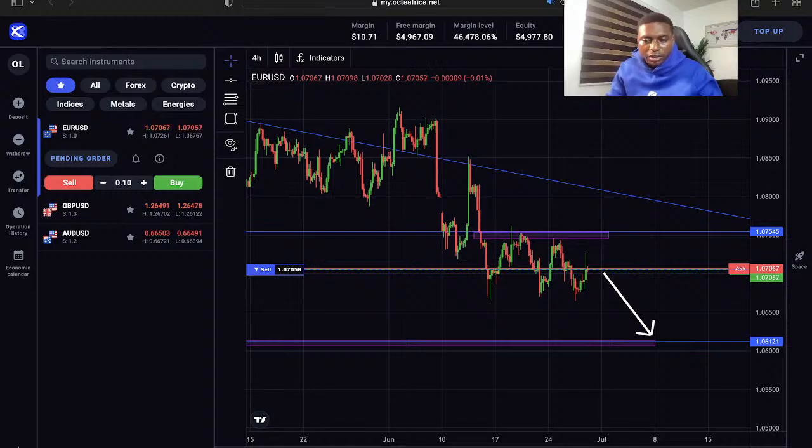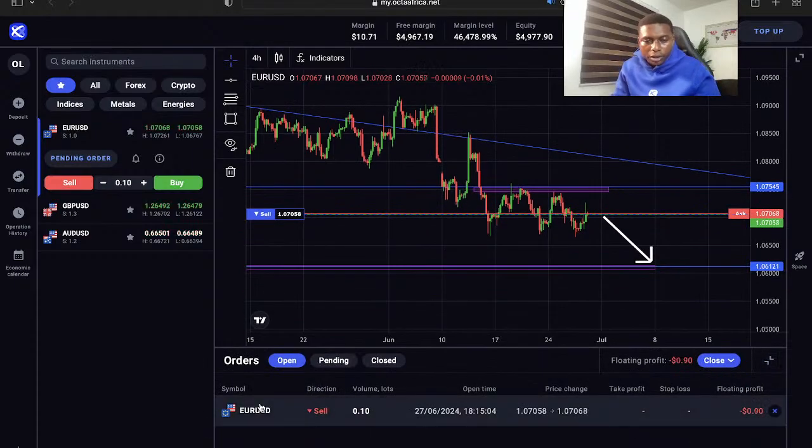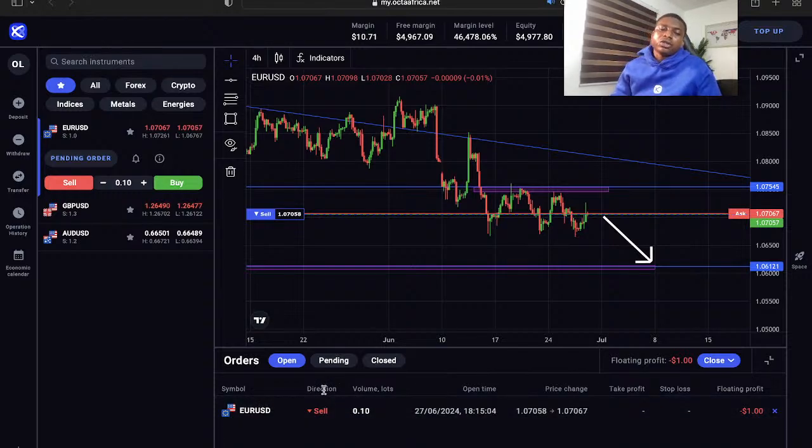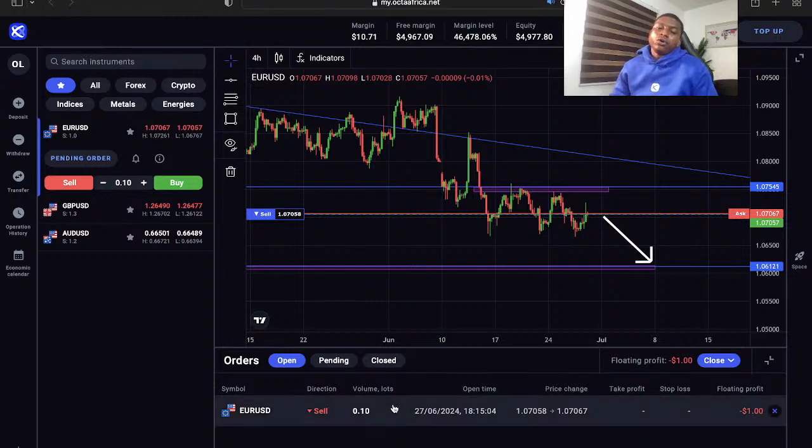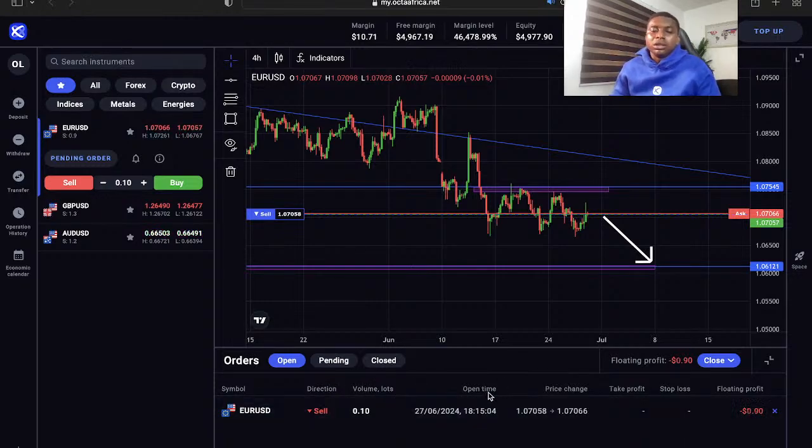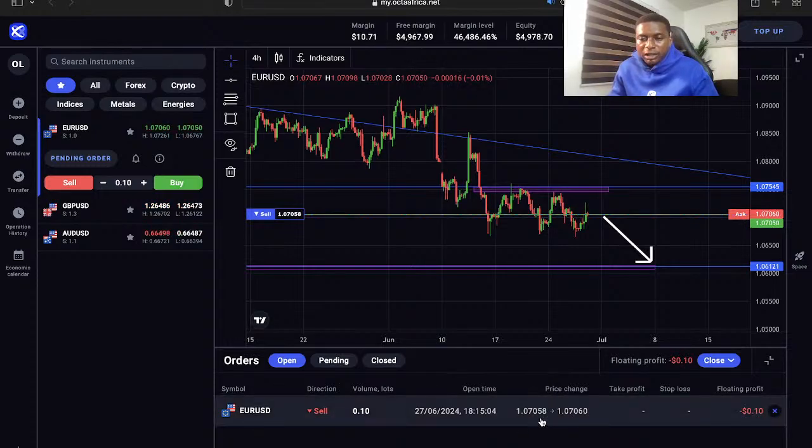Here you can see my floating profit. Here you can see the asset I'm currently trading, which is the currency symbol, the direction in which I'm trading, my volume or lot size, the timestamp at which I opened the order, then price change, so far from the level at which I sold.